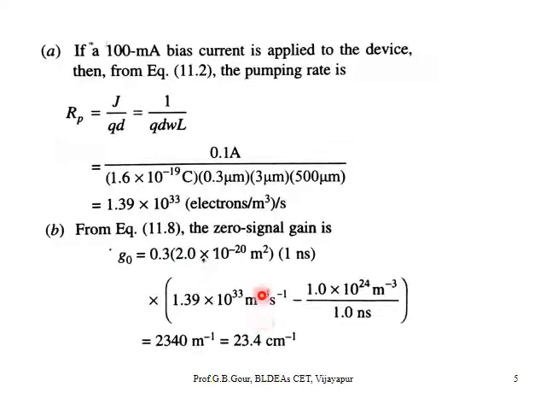Finally you get the gain per centimeter. A very simple numerical problem, but we need to remember the formulas here. We are not going deep into the detailed derivations, but all the intermediate steps act like important formulas, quite used in solving problems here.